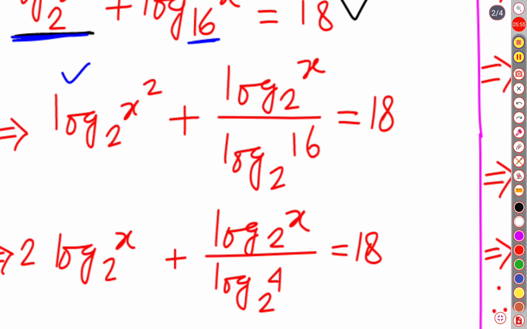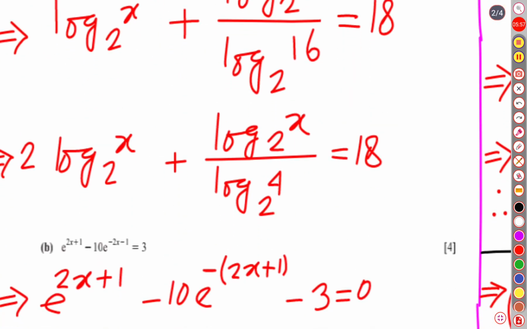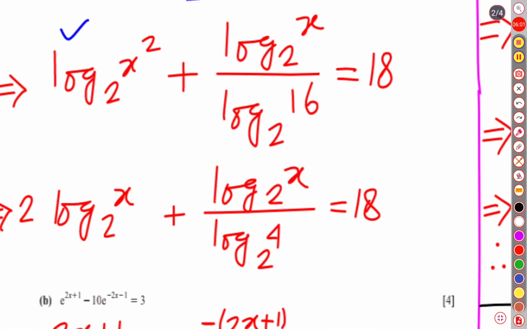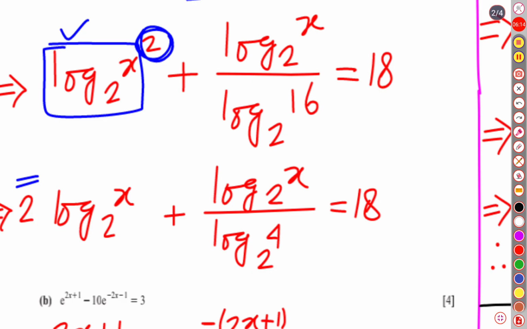Well, then we have done here. First one, look at this. This exponent is actually the coefficient. The exponent is always the coefficient of log, so we have written it as a coefficient, and log base 2 of x is unchanged. Then here what have we done? The numerator is unchanged.